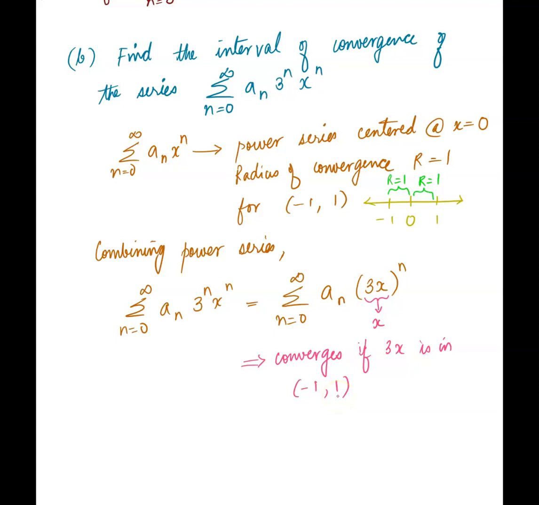Does that make sense? Whatever is in the place of x, the conditions will be translated to that new x. So the interval in this problem was given to be -1 to 1, and we keep the same interval, but the x is now not just x, but 3x.